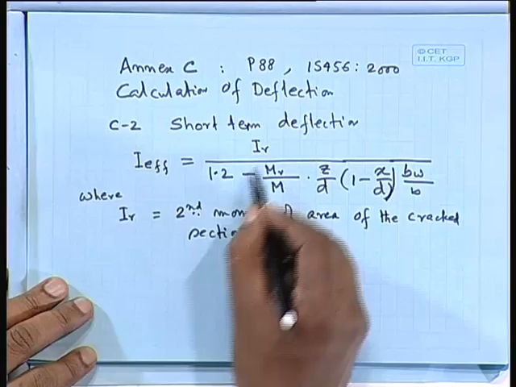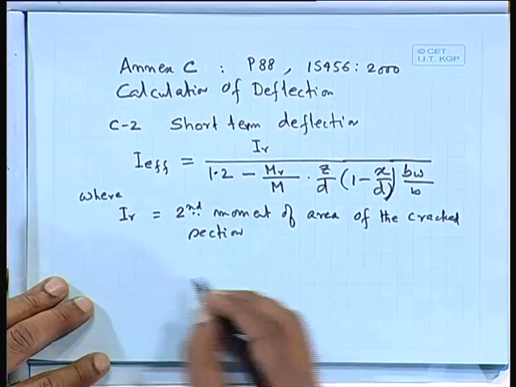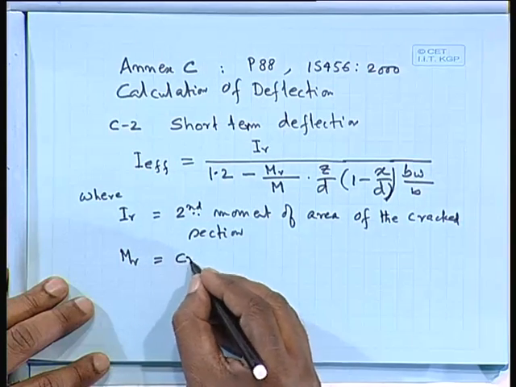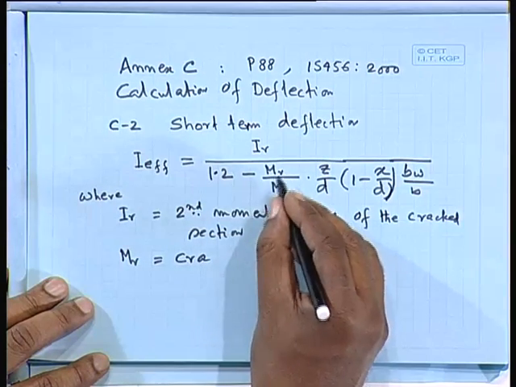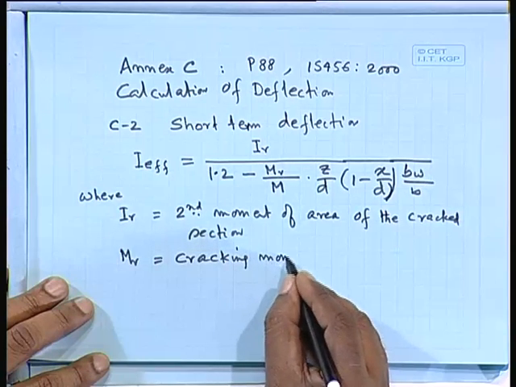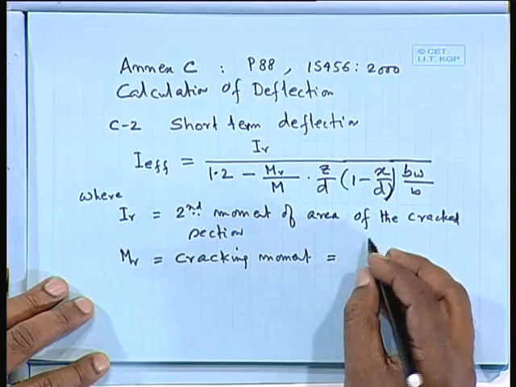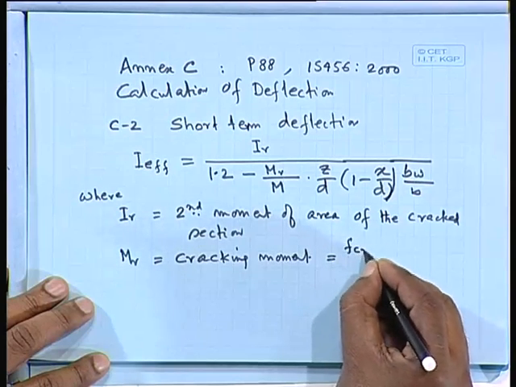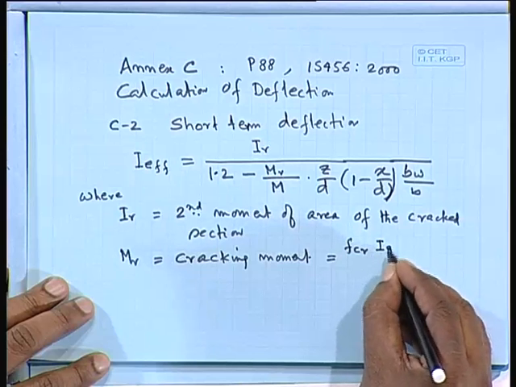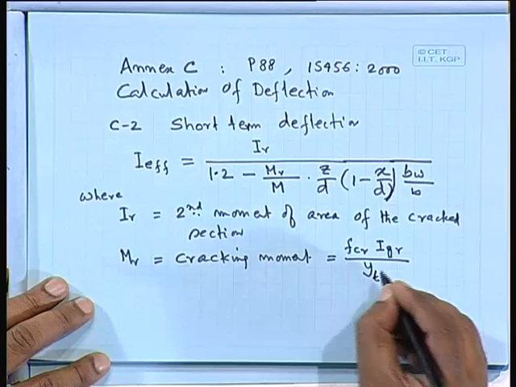MR, that is the cracking moment, and which will be equal to FCR times IGR, one more term, divided by YT.